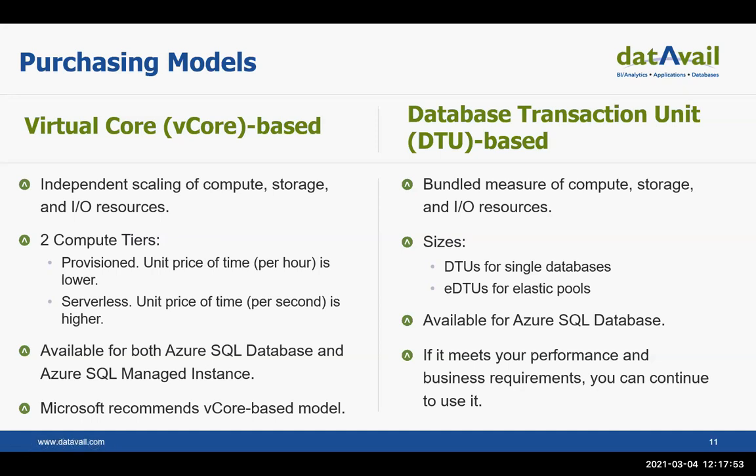The provisioned tier's price is a little bit cheaper. It's critical to highlight that it's calculated based on the hour. For serverless, you specify the auto scaling of the compute resources over a configurable range, and it can auto pause and resume based on workload.